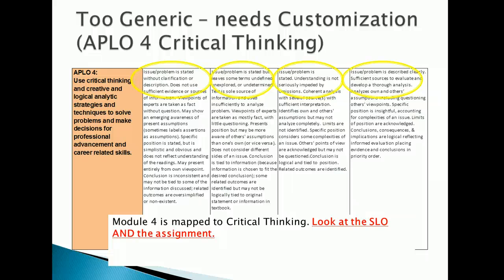So the next example is the program learning outcome 4, and it goes for module 4. This one is mapped to critical thinking, and again we can see that this is too generic. The issue or problem is described clearly. Well, it may be described clearly, but what does the student know that they're supposed to do in this particular assignment?